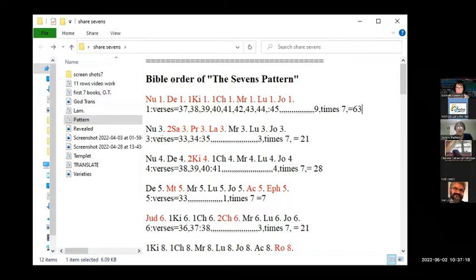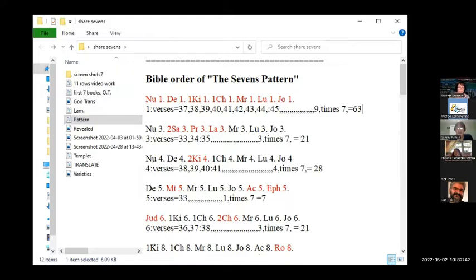So when we get to chapter 3 here, the second line, you see Numbers is not colored. Yeah. It's already been called for up here. Oh, okay. So this is a new book. New books. Okay. And this is the first time Proverbs shows up, and this is the first time Lamentations shows up.